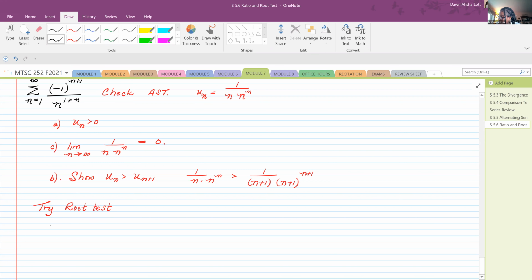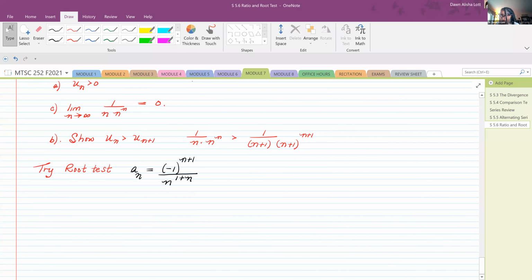So I have, for the root test, a_n is (-1)^(n+1) over n^(1+n). So now I need to find the nth root of that. The nth root of the absolute value of that, (-1)^(n+1) over n times n^n.